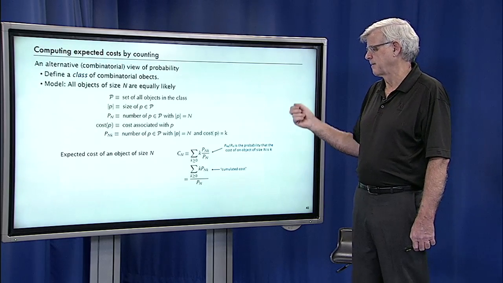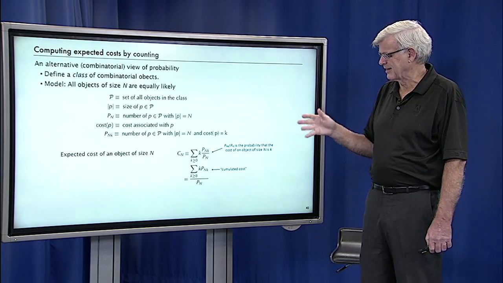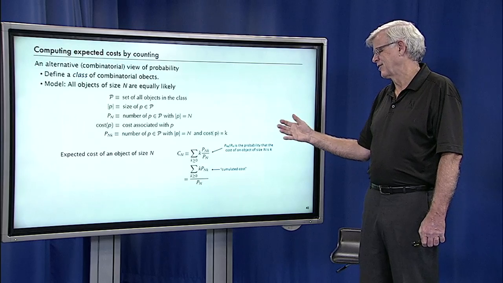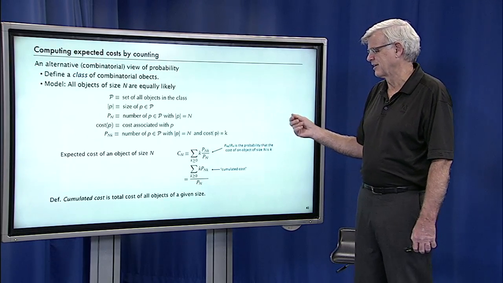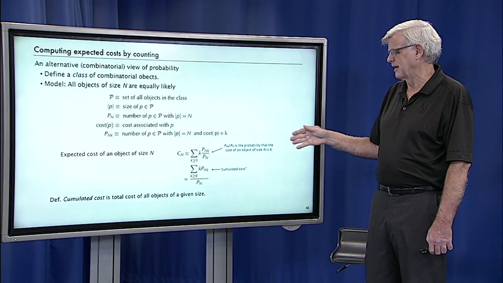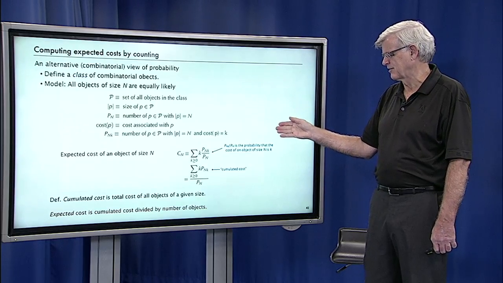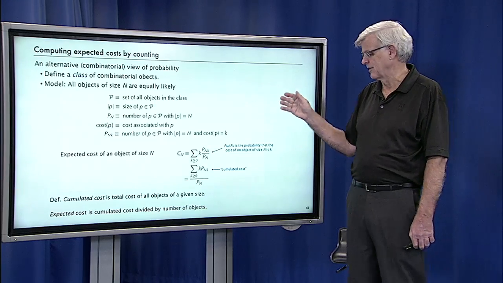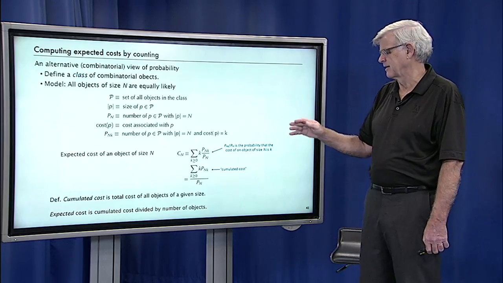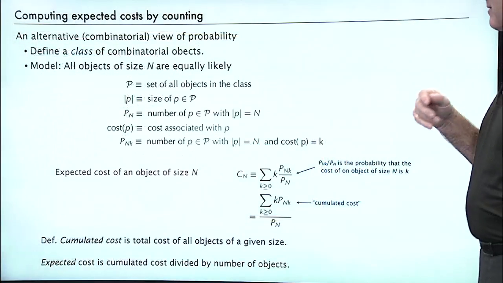That's the expected cost. It's a trivial calculation, but still it's an important distinction. So the idea is if we can compute the cumulated cost, then we can get the expected cost just by dividing the cumulated cost by the number of objects.